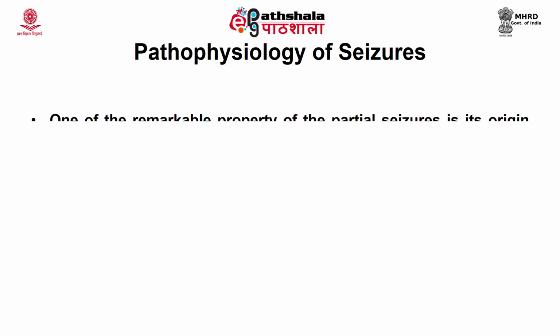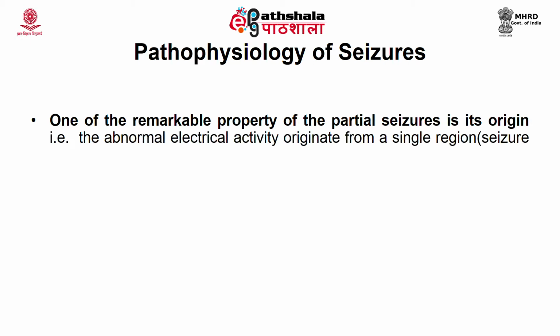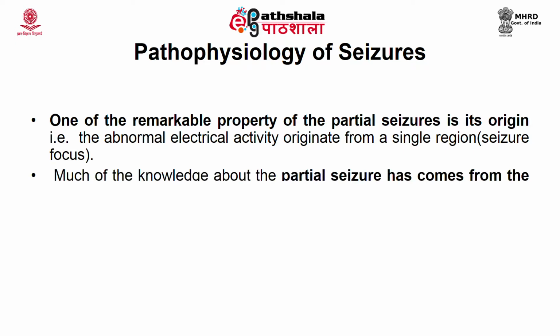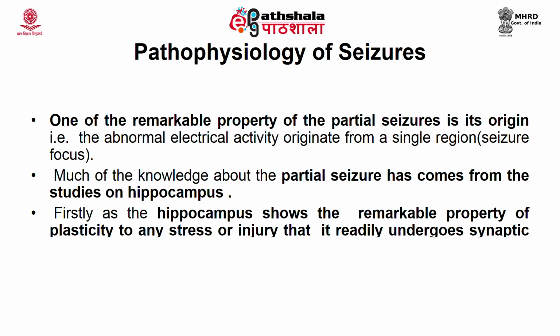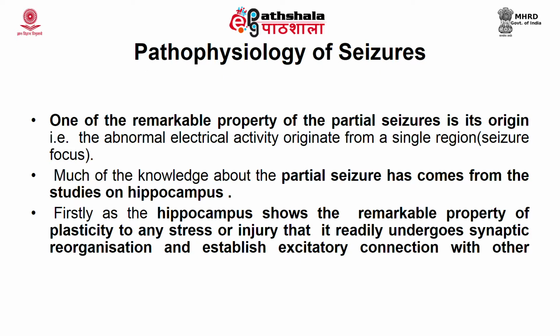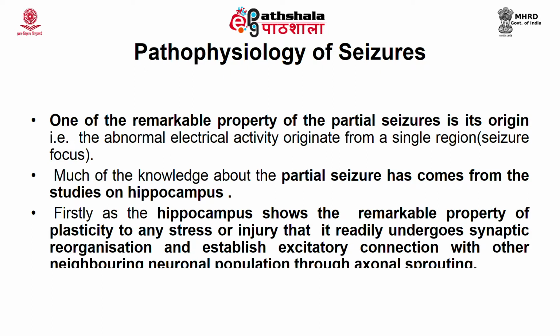One of the remarkable properties of partial seizures is their origin. The abnormal electrical activity originates from a single region. Much of the knowledge about partial seizures has come from studies of the hippocampus. Firstly, the hippocampus shows a remarkable property of plasticity to any stress or injury, so it readily undergoes synaptic reorganization and establishes connections with other neighboring neuronal populations through axonal sprouting.